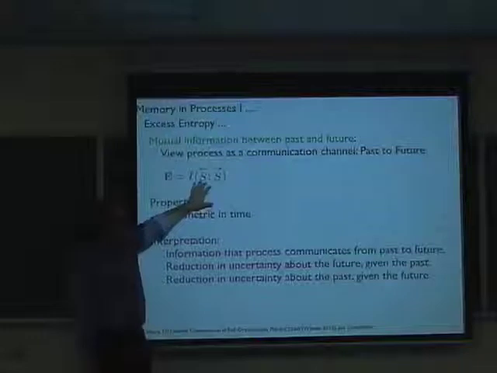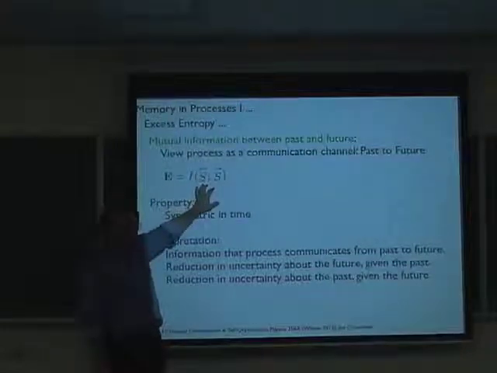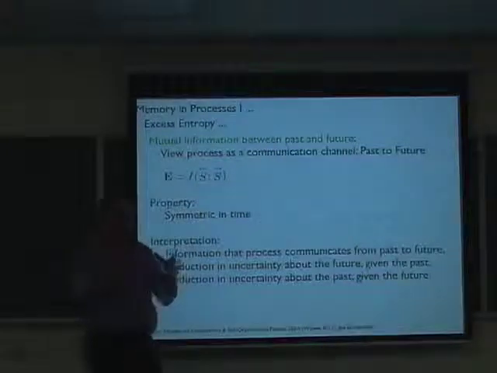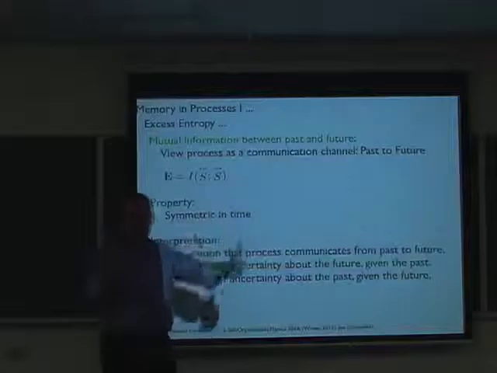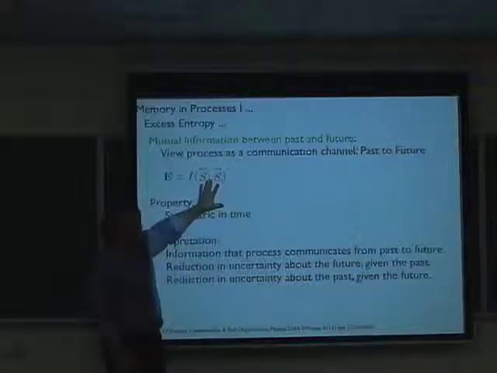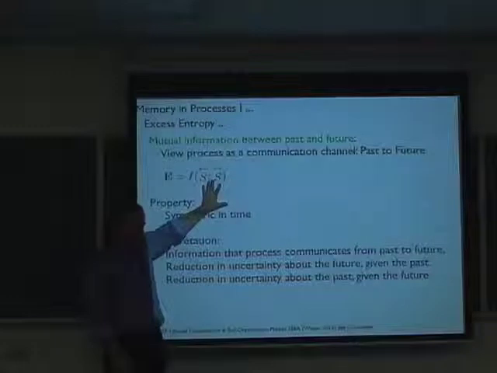Now, it's not really a channel capacity. If you remember Shannon's definition, it was kind of an engineering approach. I have this box I'm building, and I want to know the best it can do, so I maximize over all input distributions. Here we have a process given to us, and so we know what the input distribution is. So it's not quite a channel capacity in an engineering sense, but you could call it a channel utilization.